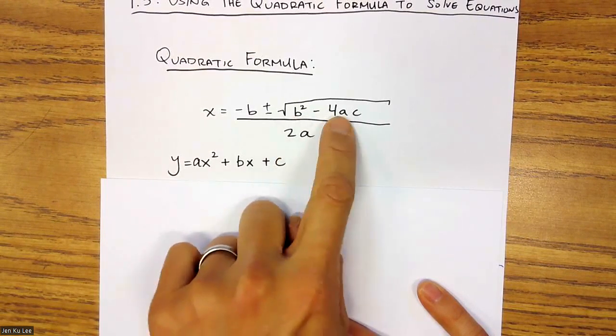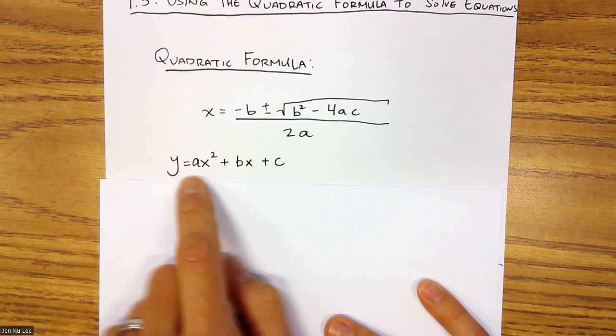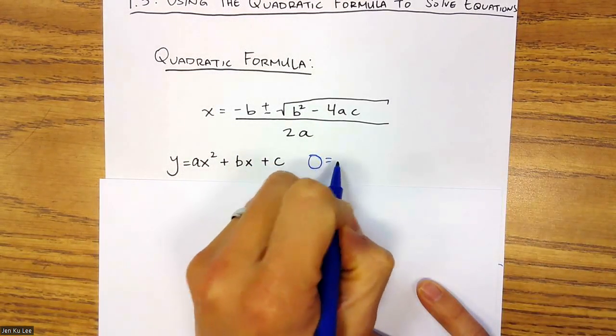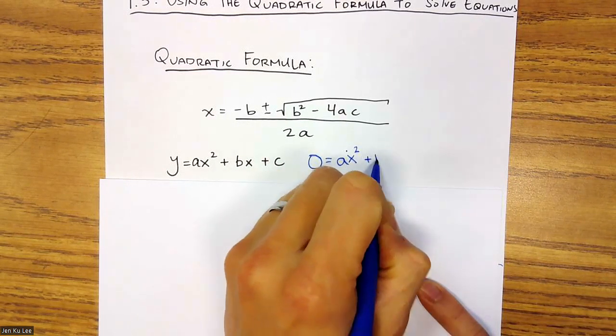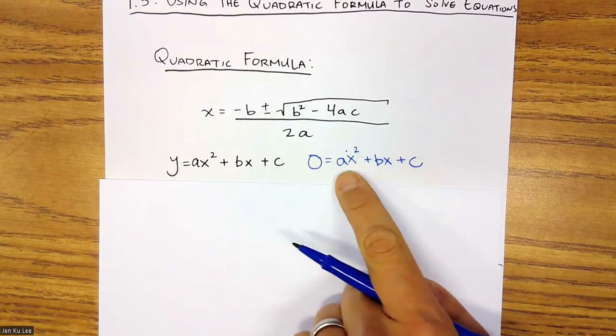So what is a, b, and c? If you solve, make one side equal to 0, okay, that is your a.